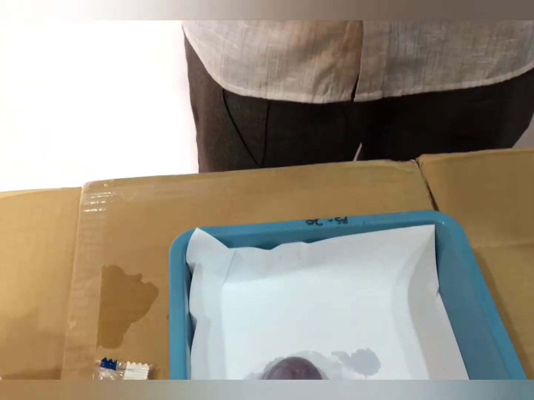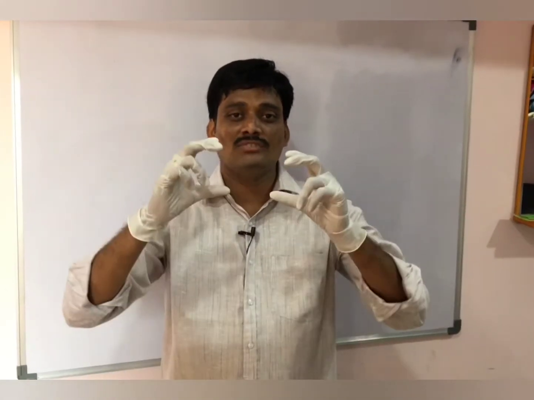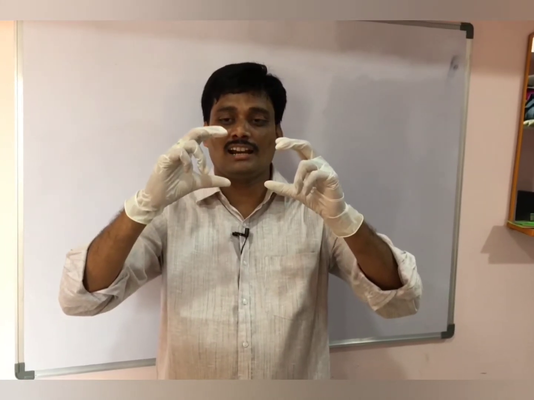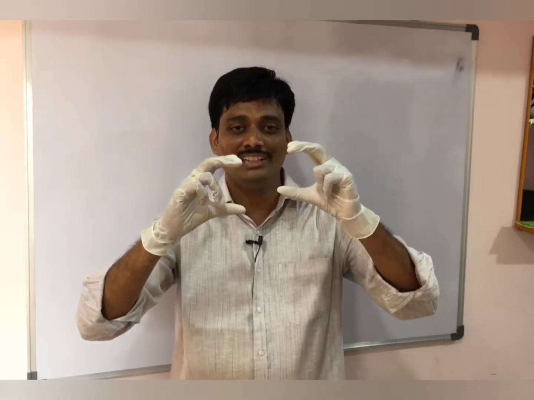Next we have a right kidney and a left kidney, and the right kidney is located slightly lower. Do you know the reason? Yes, that is due to the presence of the liver, so the right kidney is located slightly lower than the left kidney.